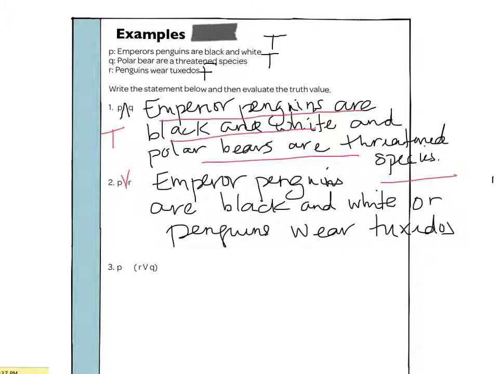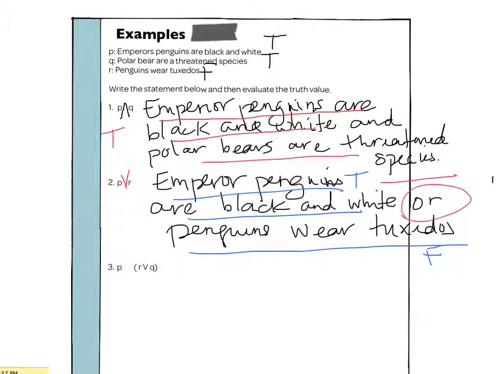Emperor penguins are black and white, that part is true. But penguins do not wear tuxedos, that part is false. But because this is or, remember, only one of these parts has to be true for the whole statement to be true. So P or R is also true.